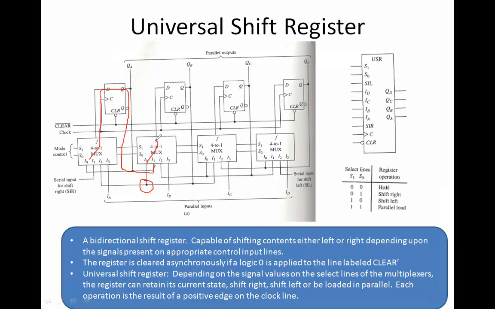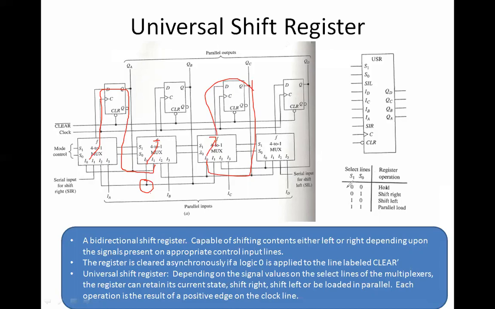So this is happening as a loop. The output is connected to I naught, so the I naught value will again go here, again like a loop.